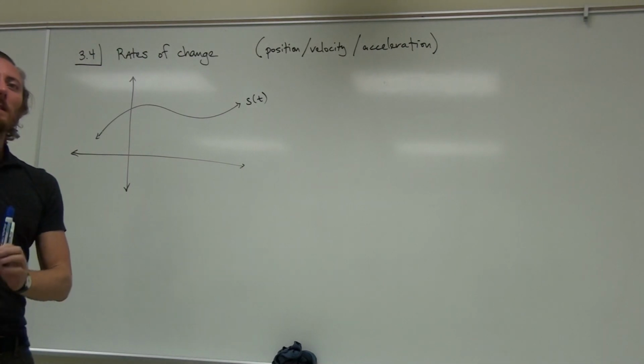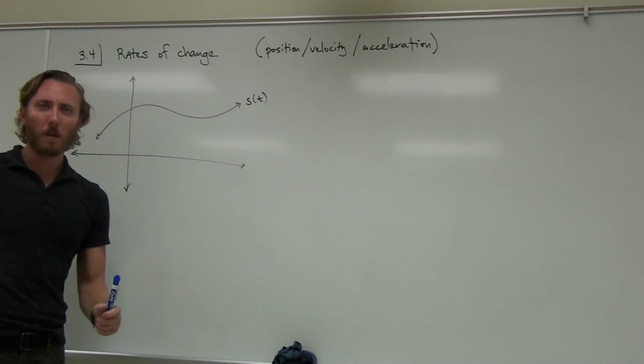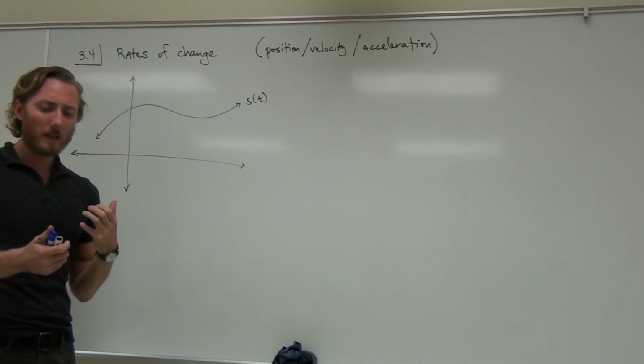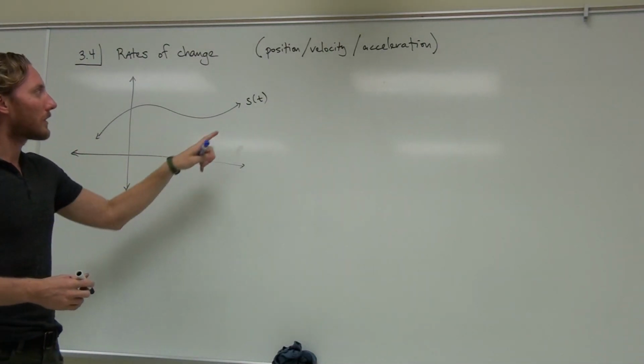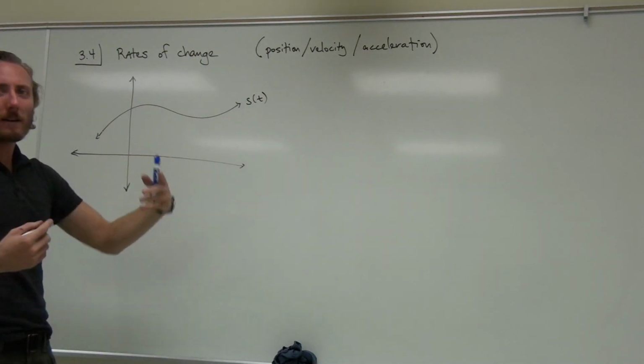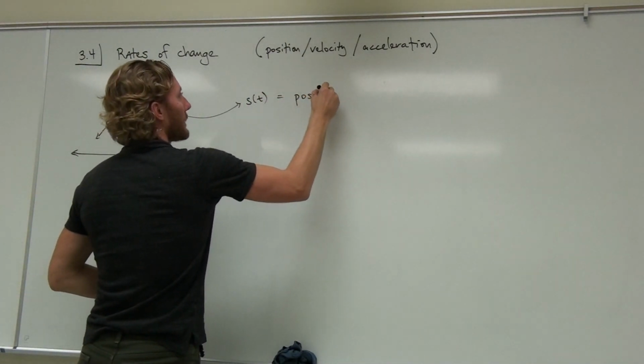But instead of imagining this purely abstractly in the xy plane, let's imagine that this function has a little bit more context to it. So we've got this function s of t here, the standard notation that our book uses for a position function.